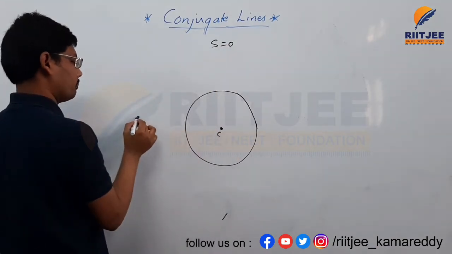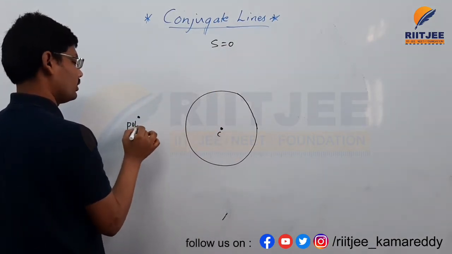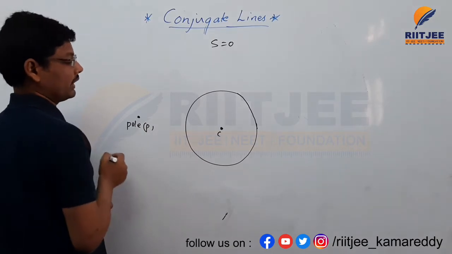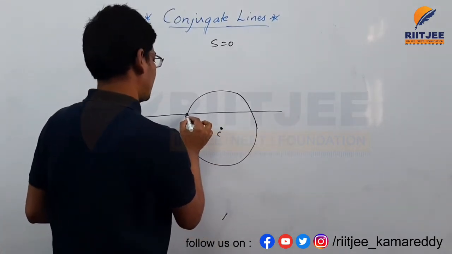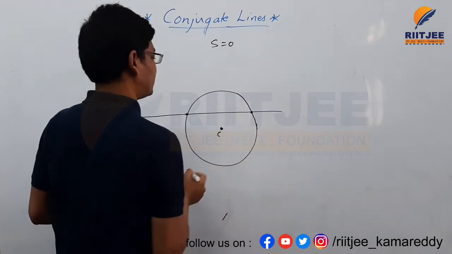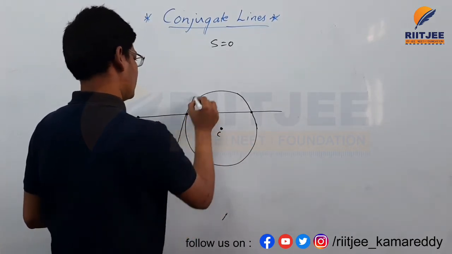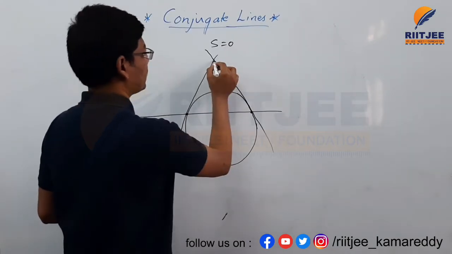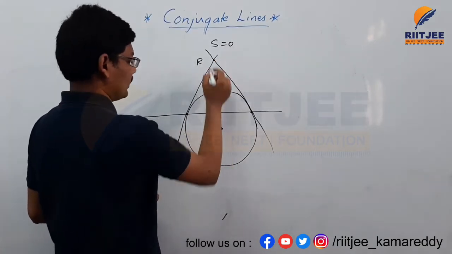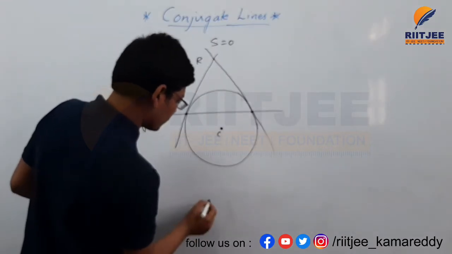I am taking one pole P in the plane, and from this pole I am drawing a secant line. From this secant line I am drawing tangents here, and here one more tangent. This is called R, and I am taking one more pole here.